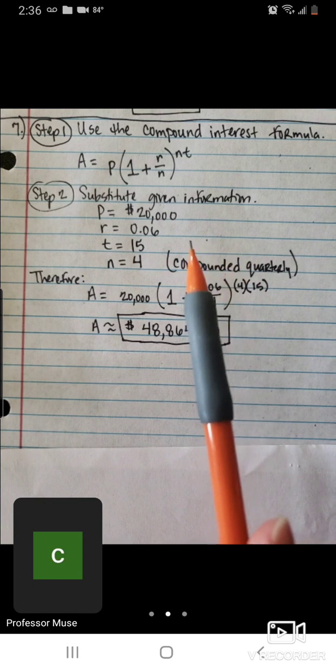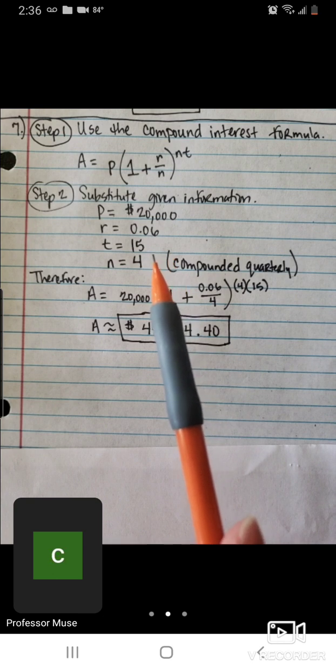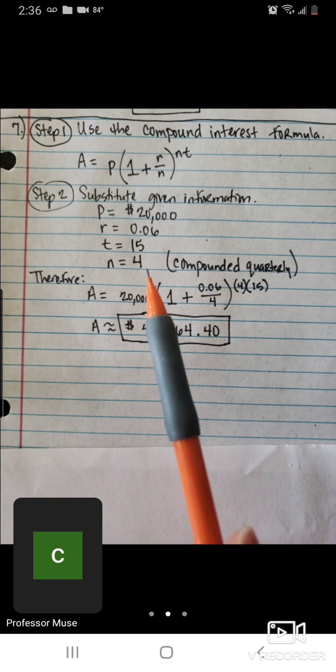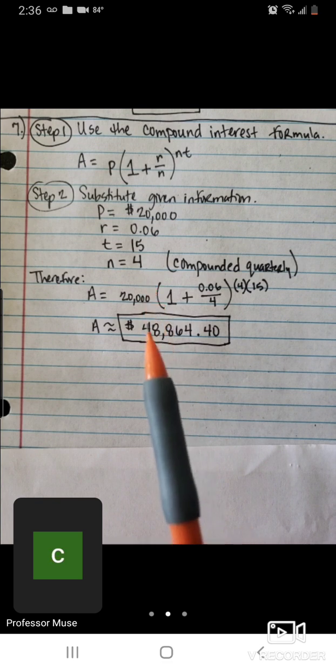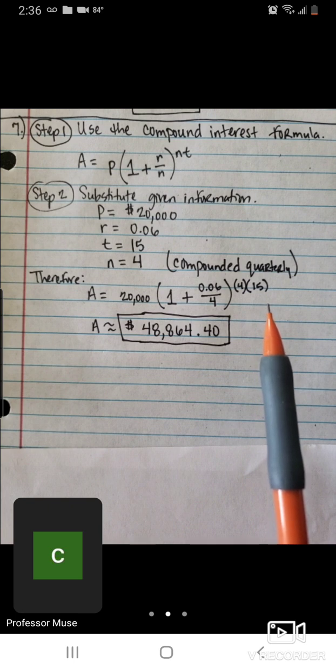Your principal amount is $20,000. You have a rate of 6%, so we change it to a decimal. Your time is 15 years. And since you're compounding quarterly, you're going to use n equals 4. Plug all that into your compound interest formula. Remember that the 4 times 15 is an exponent.